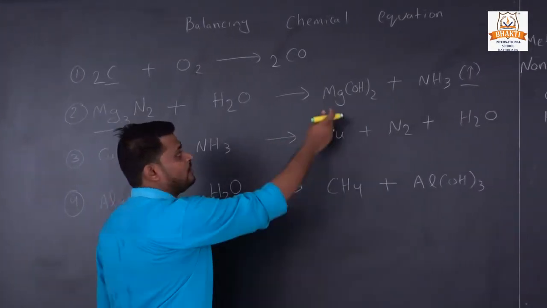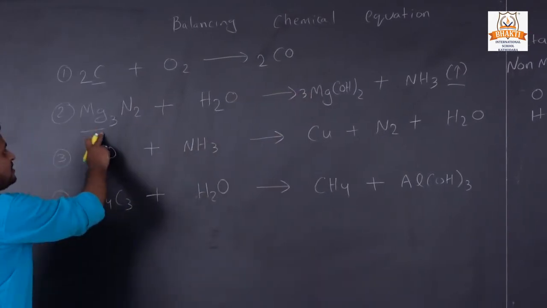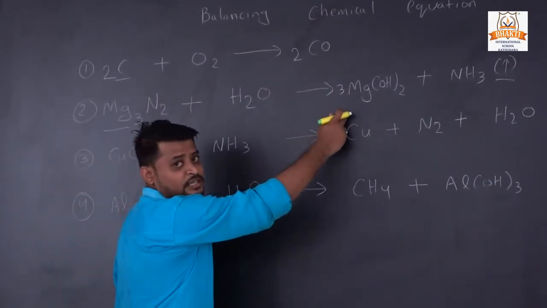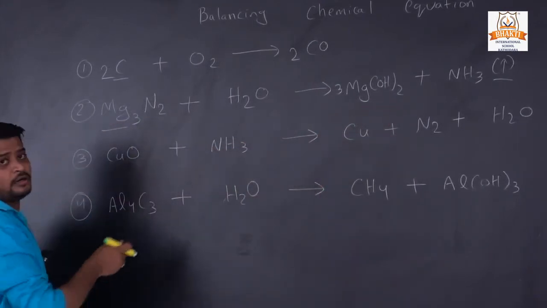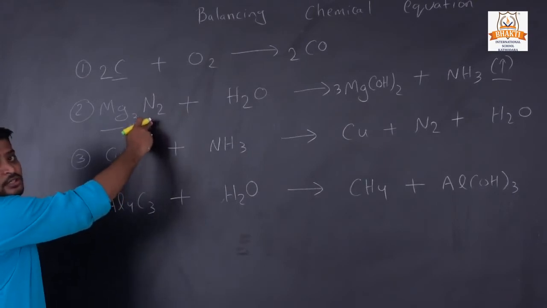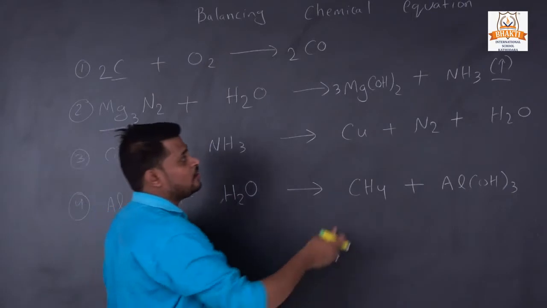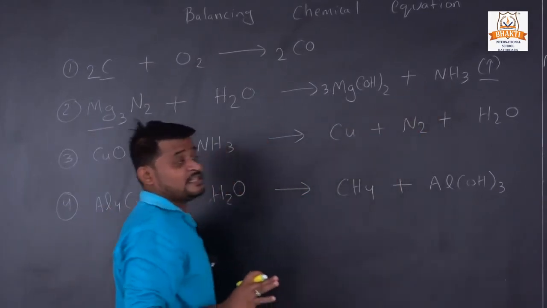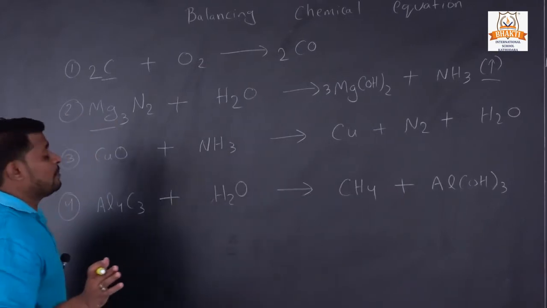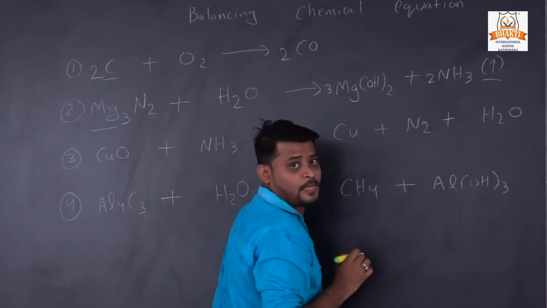So we multiply magnesium by 3. Now magnesium is 3, then we check non-metal. Here nitrogen is the non-metal, and nitrogen is 2 here and 1 there, so nitrogen is also unbalanced. So we multiply it in the product by 2.